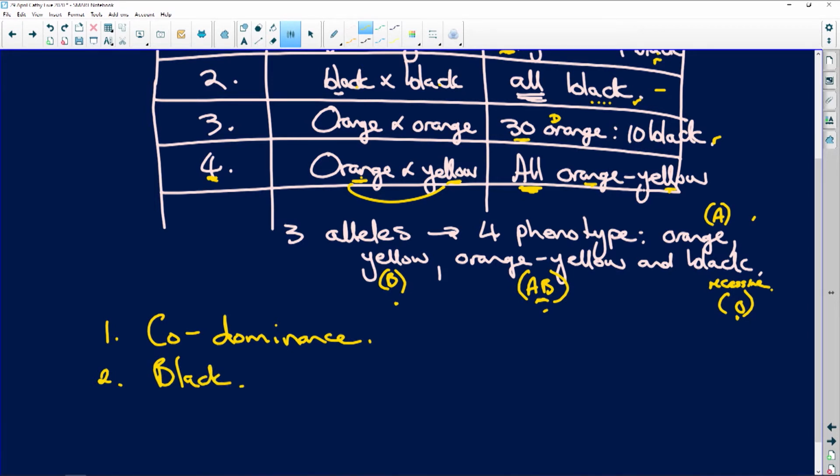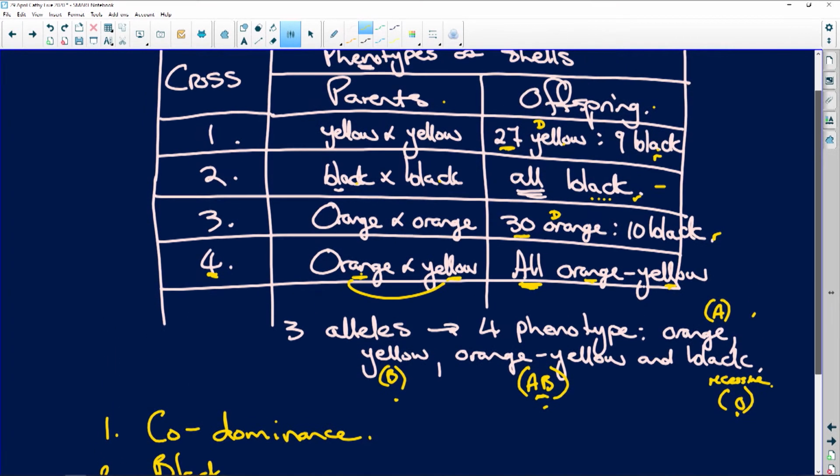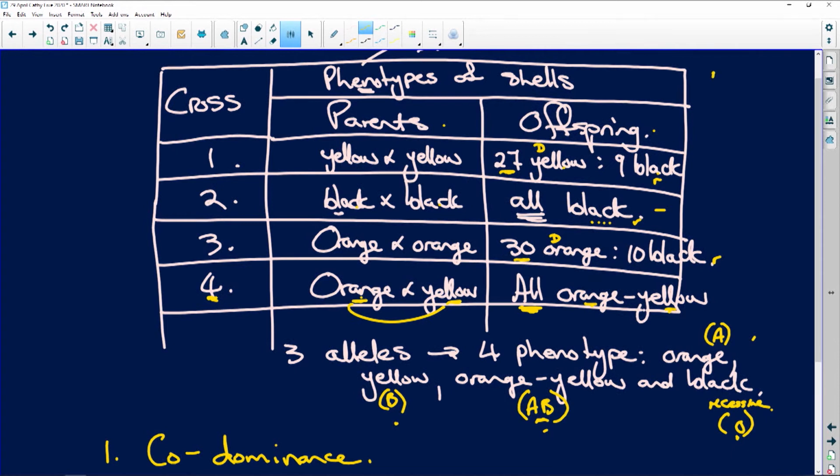Why? Because look here. Do you remember that with our blood groups, we have A, and A is still A. But when we cross it, we've got this little recessive one here. The only time black comes through is when it's black and black, they are all black. So there is no recessive there other than black.